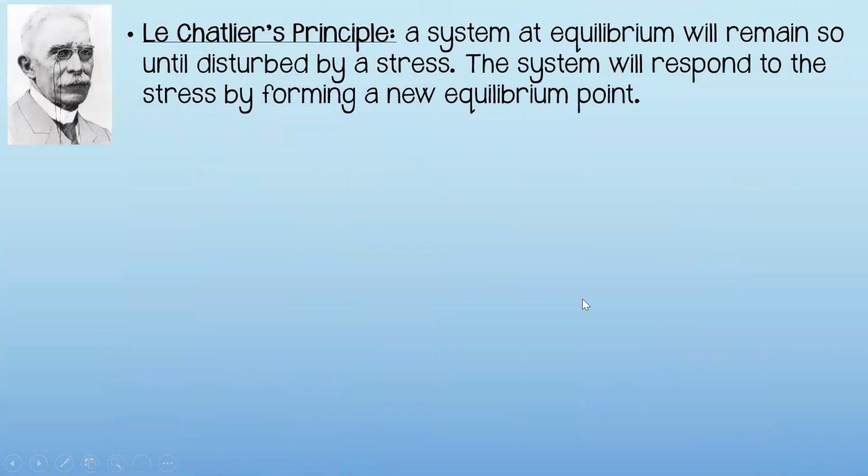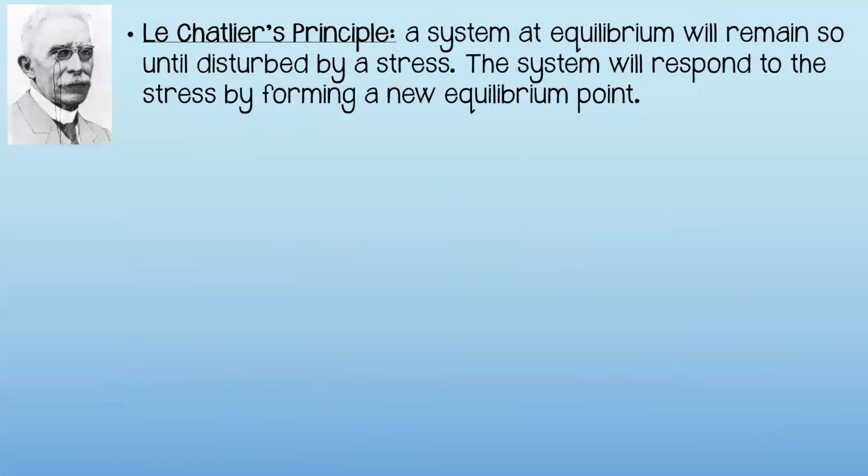So Le Chatelier's principle basically says a system at equilibrium will remain so unless it's disturbed by stress. And the system will respond to this stress by forming a new equilibrium point. So it's kind of like humans.